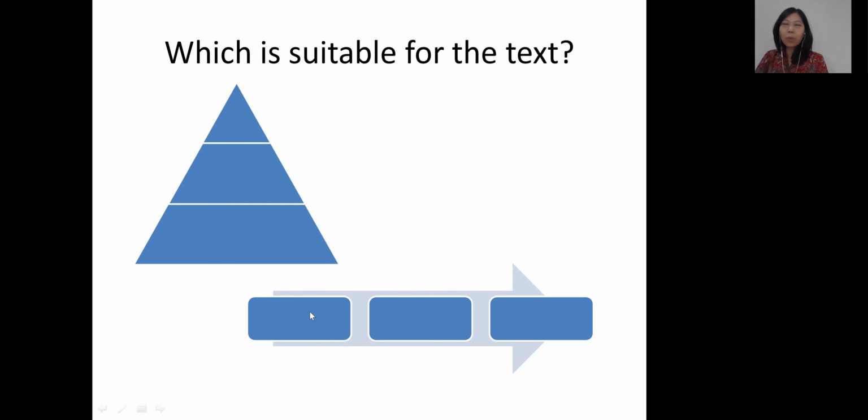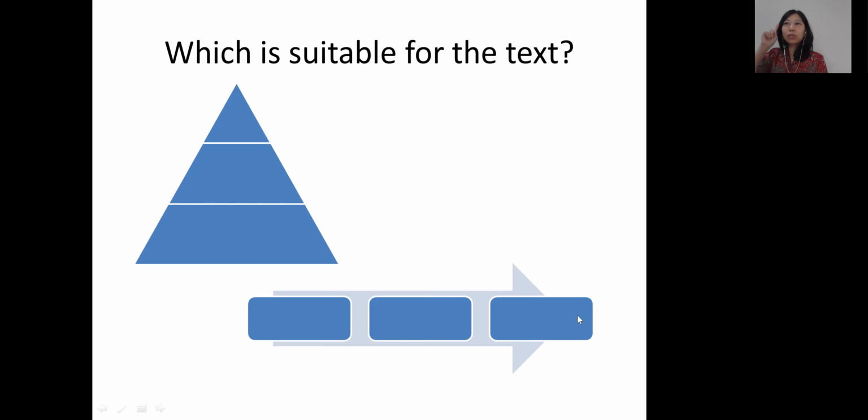And so we can write down the year and the name of the pyramid. Next, the year and the name of the pyramid. Again, the year and the name of the pyramid. And you have to write all of those years and names of pyramids in an orderly manner. So you have to write them in order.